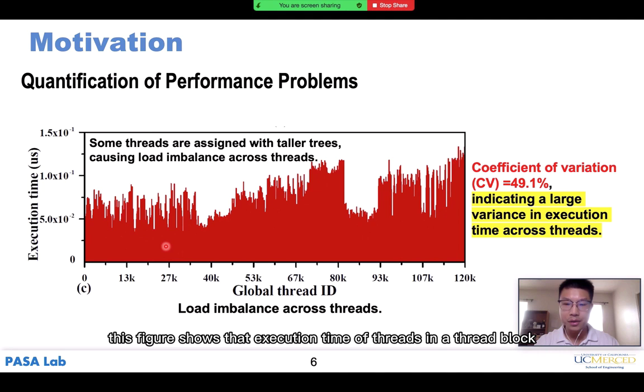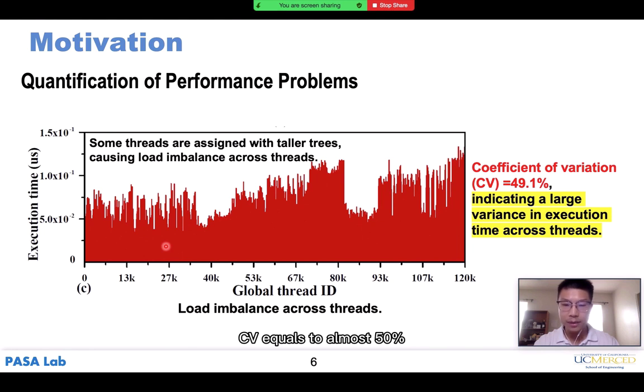This figure shows the execution time of threads in a thread block. The thread block performs inference for 1000 samples. We use coefficient of variation to quantify the variance. CV equals almost 50%, indicating a large variance in execution time across threads.